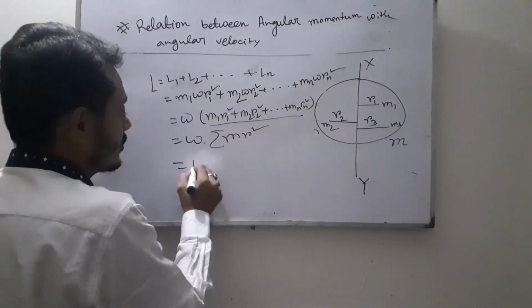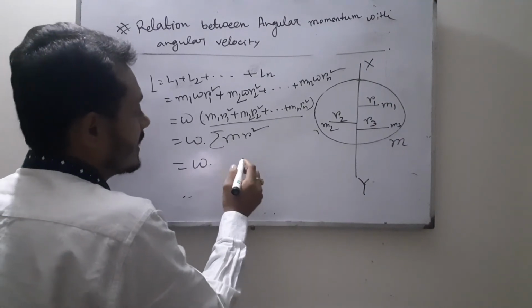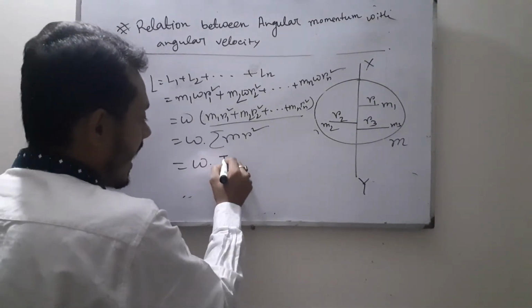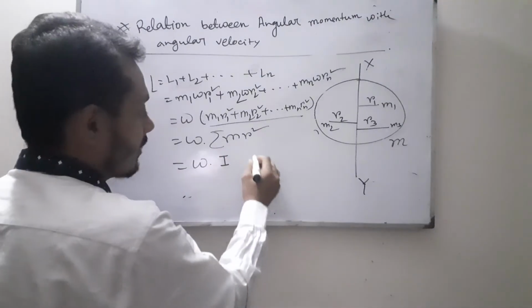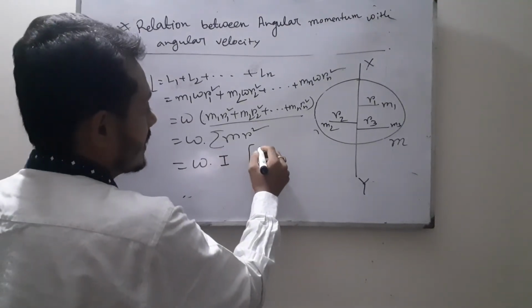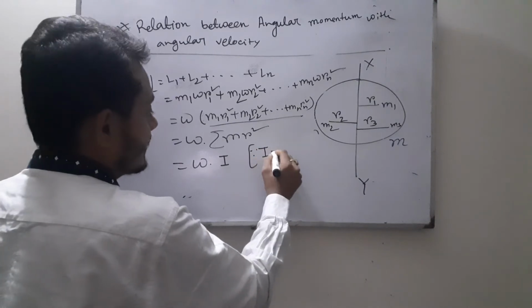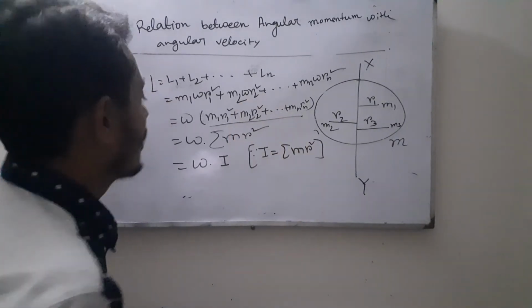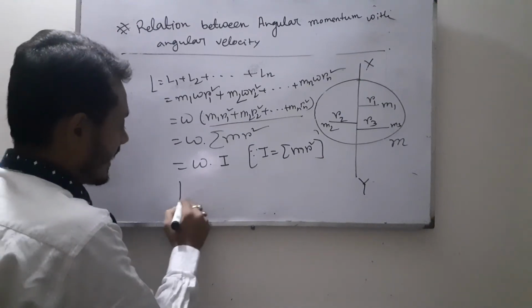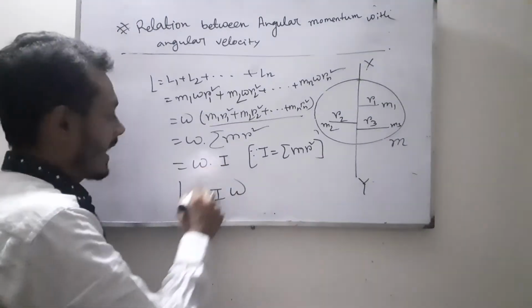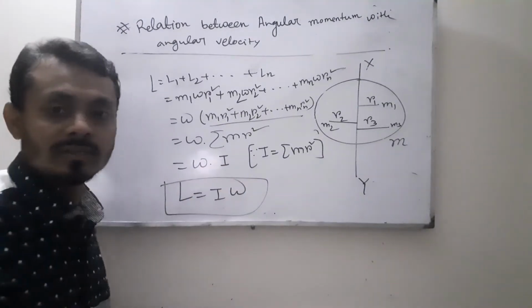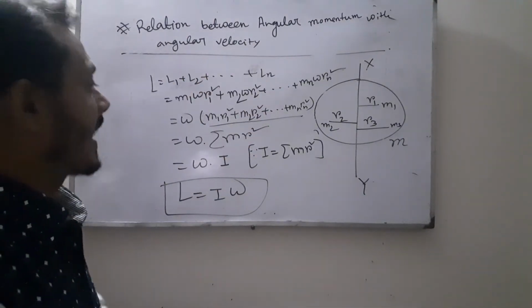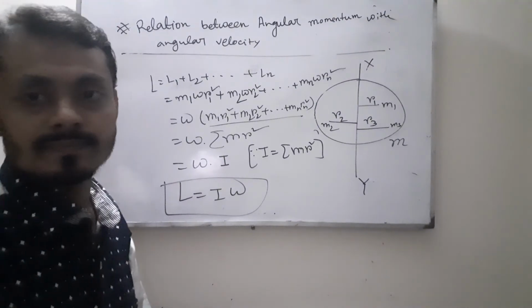Again, we know that the moment of inertia I equals summation of m r square. So finally we got L equal I omega, and this is the relation between angular momentum and angular velocity.